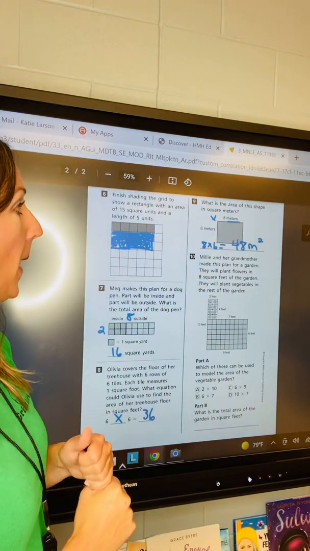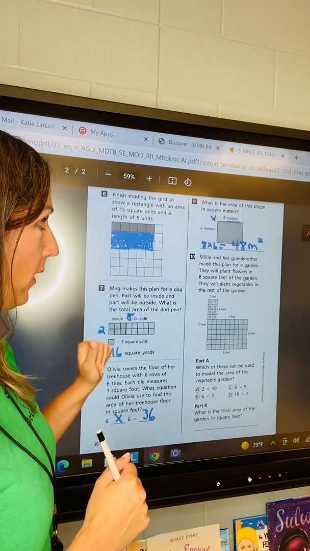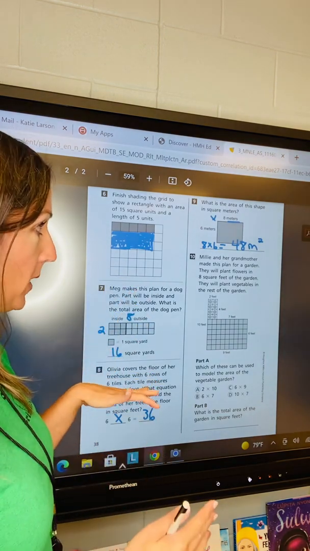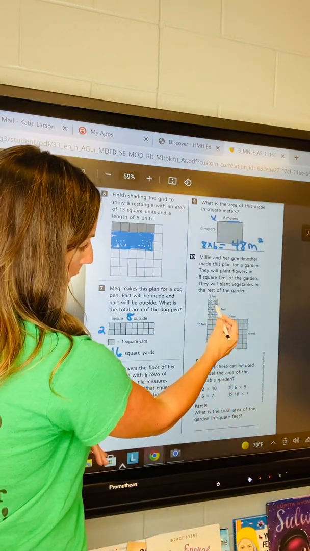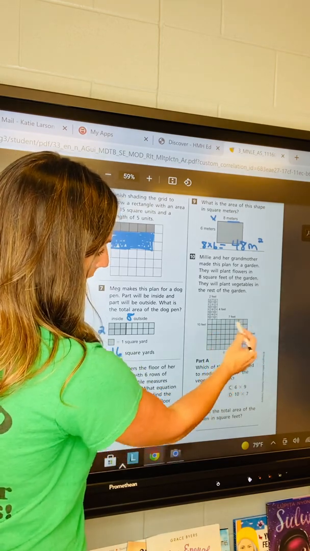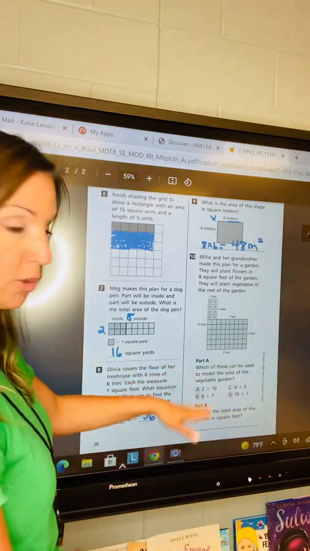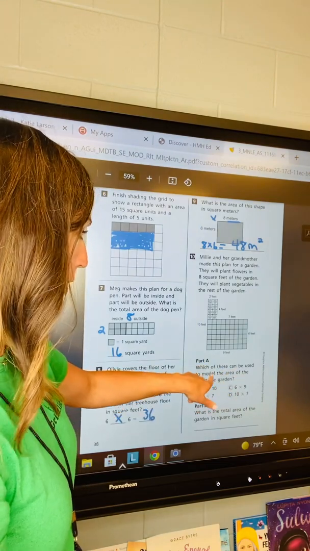Millie and her grandmother make this plan for a garden. They will plant flowers in 8 square feet of the garden. They will plant vegetables in the rest of the garden, okay? So here's the flowers in the 8 square feet, which is a 2 by 4. And then here's the total down here of the vegetables. So there's 2 parts here. Part A, which of these can be used to model the area of the vegetable garden?